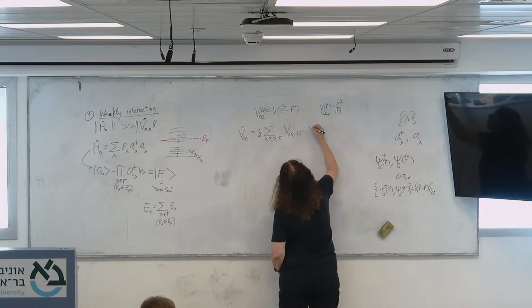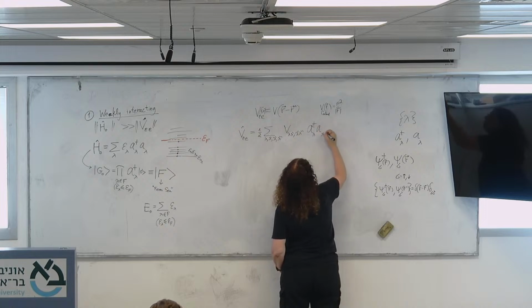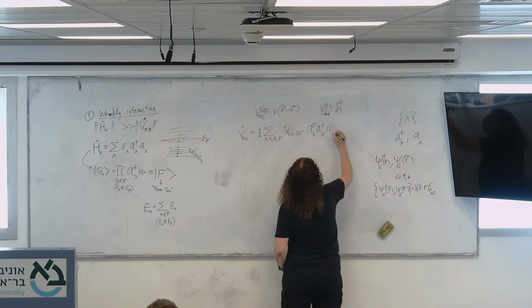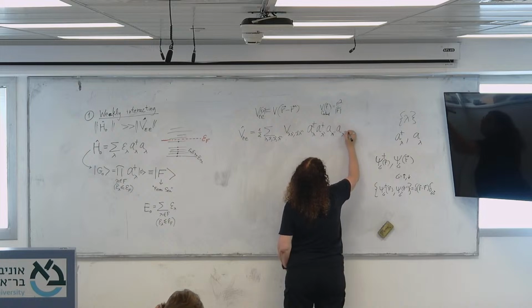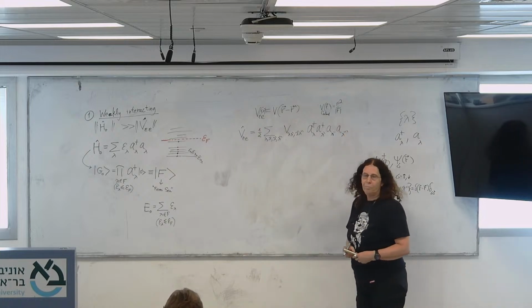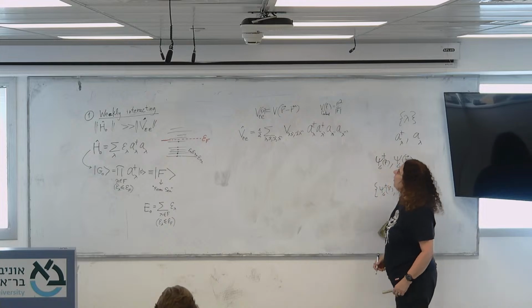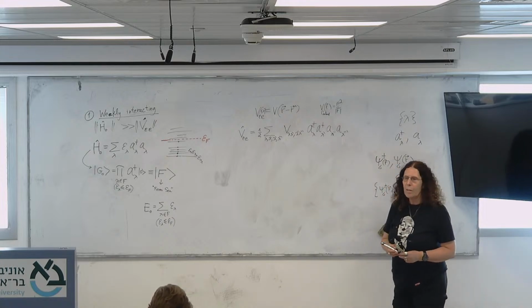And now I have a lambda dagger, a lambda prime dagger, a lambda. So this is how it looks.